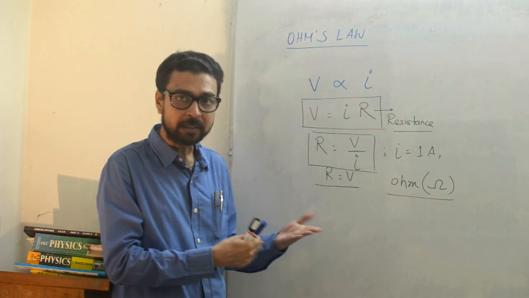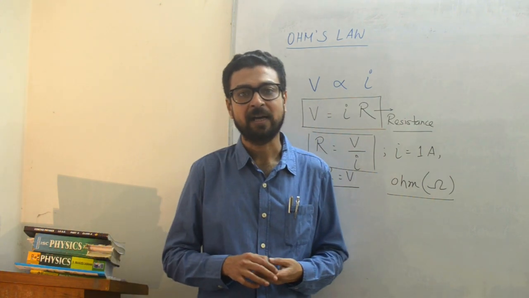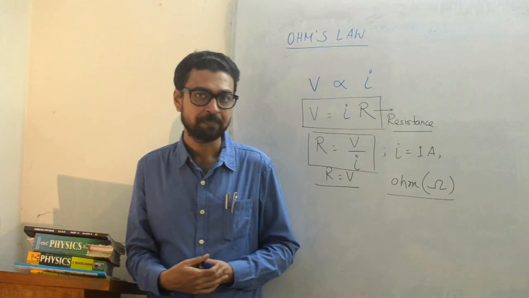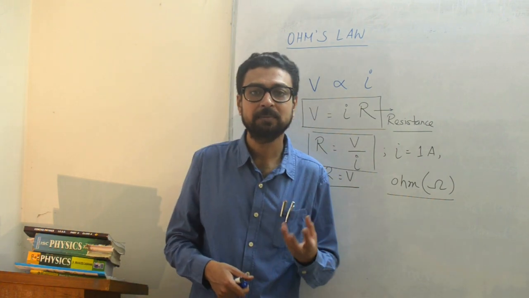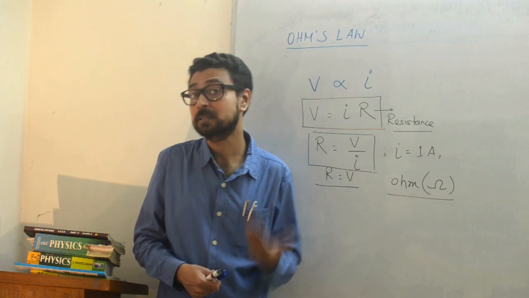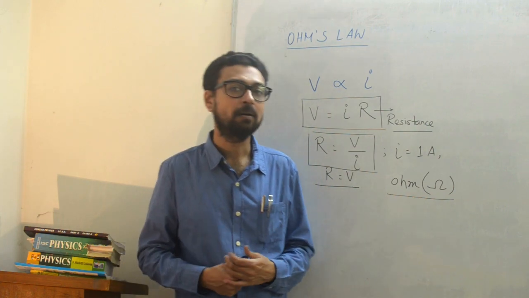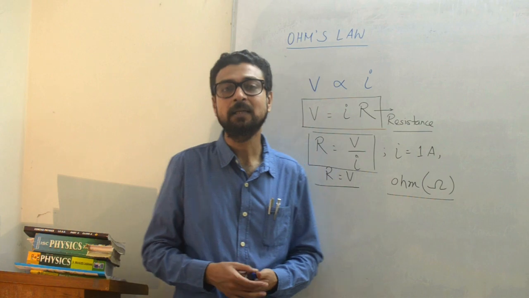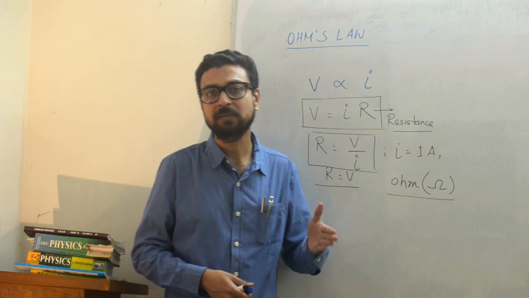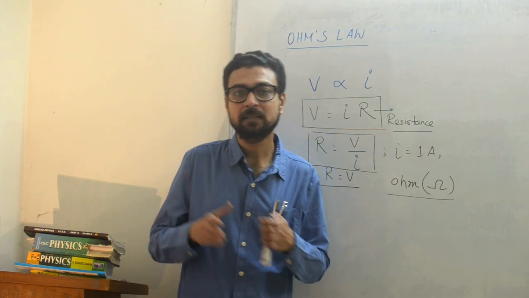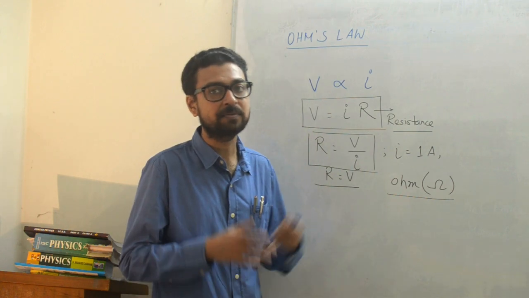The most important fact is that resistance varies with temperature. Resistance also varies with the nature of the material or substance we are using. These things are already given in your textbook, so go through them. The factors affecting the resistance of a conductor in an electrical circuit are very important.